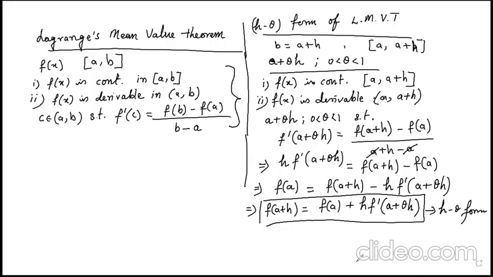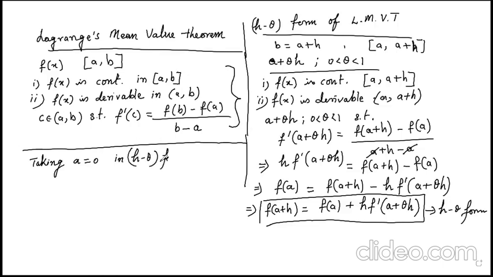Okay, fine. Now in this h theta form, if I take a equals to 0, taking a equals to 0 in the h theta form of LMVT, what we will get?